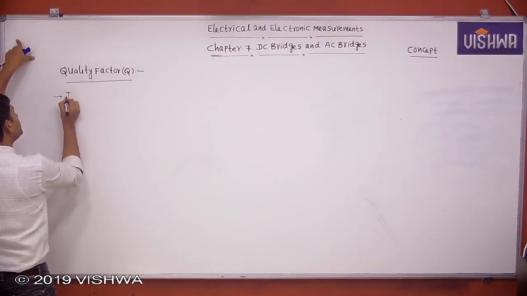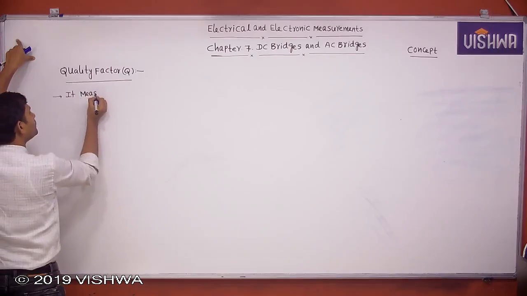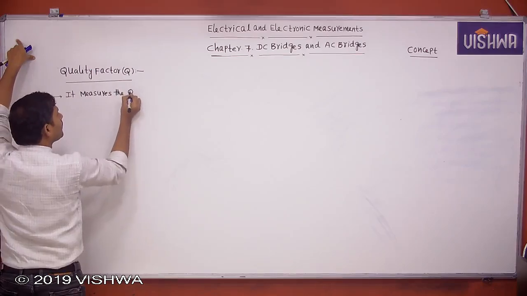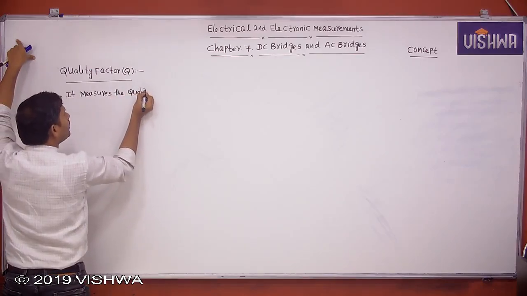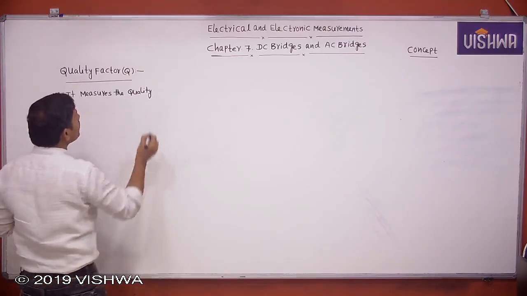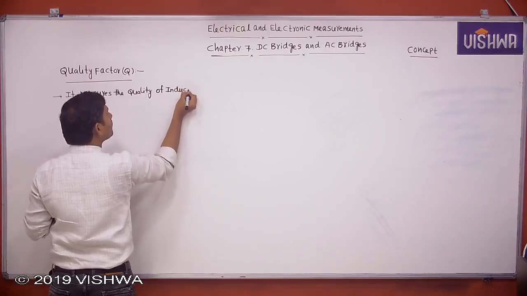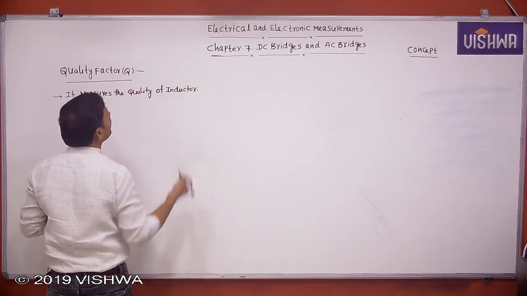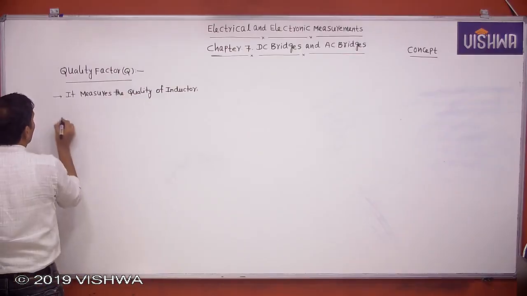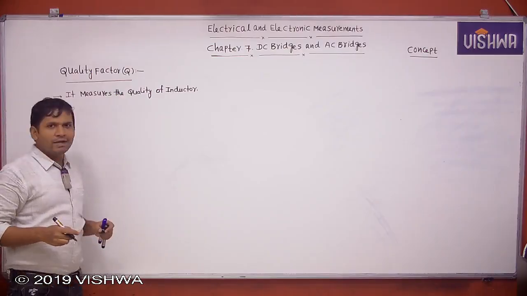It indicates or measures the quality of an inductor. Given an inductive coil, how much quality? It measures the quality of an inductor. The point to remember, the quality factor measures the quality of an inductor.